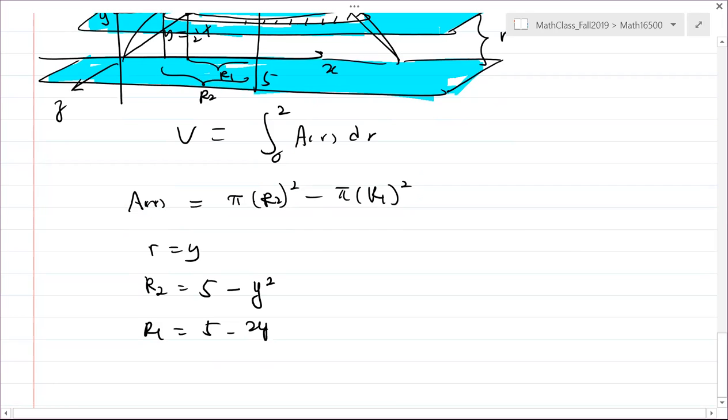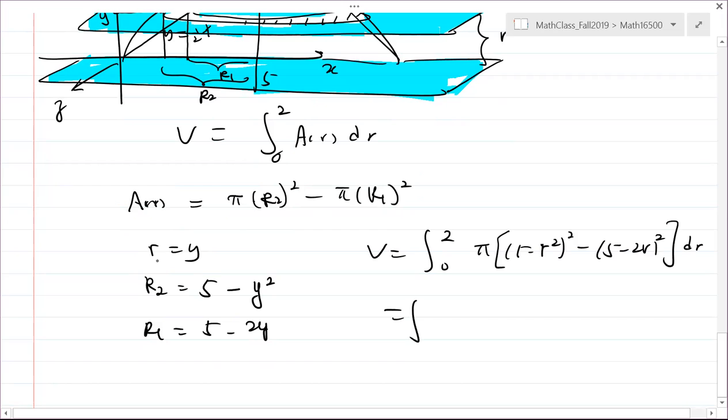Now it depends. If you want to use the y variable, use the x, use r. If you want to use r, this is going to be pi times the integral of (5 minus r squared) squared, and here, (5 minus 2r) squared dr. Okay, but you can also use the y variable because r equals y.